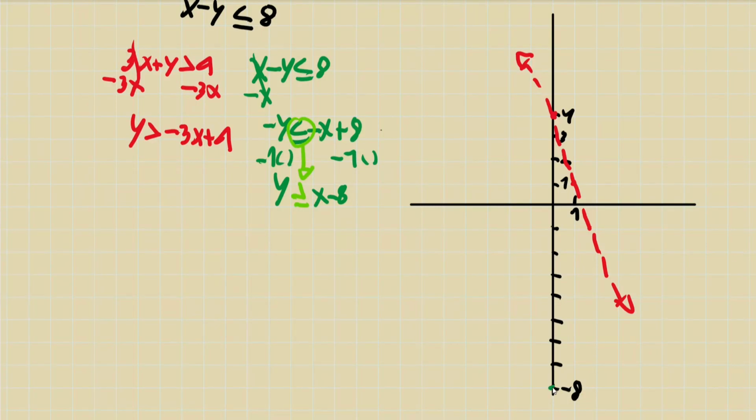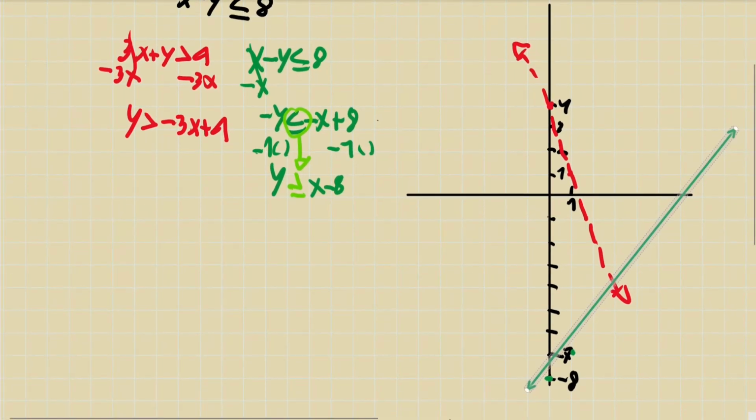So here is our y-intercept, and our slope is 1, so you can just go 1 up and then 1 to the right. Now let me just plot a point here. This one we can use a solid line, because remember we have an equal sign down there, so the boundary line is included.